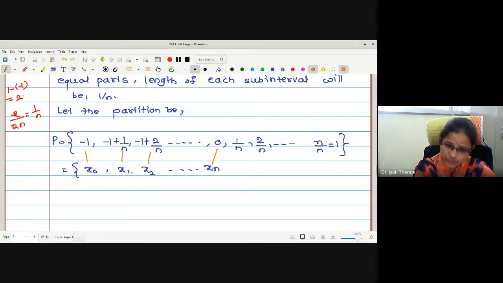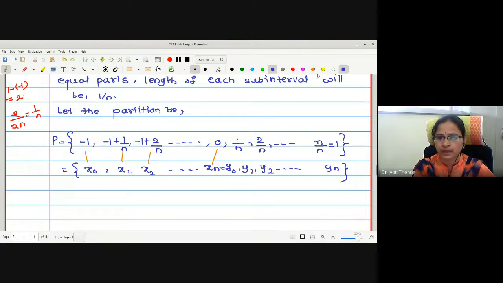From this point itself, we start the second half of the partition. This I am going to write as y0, y1, y2 to yn. Are you getting me?